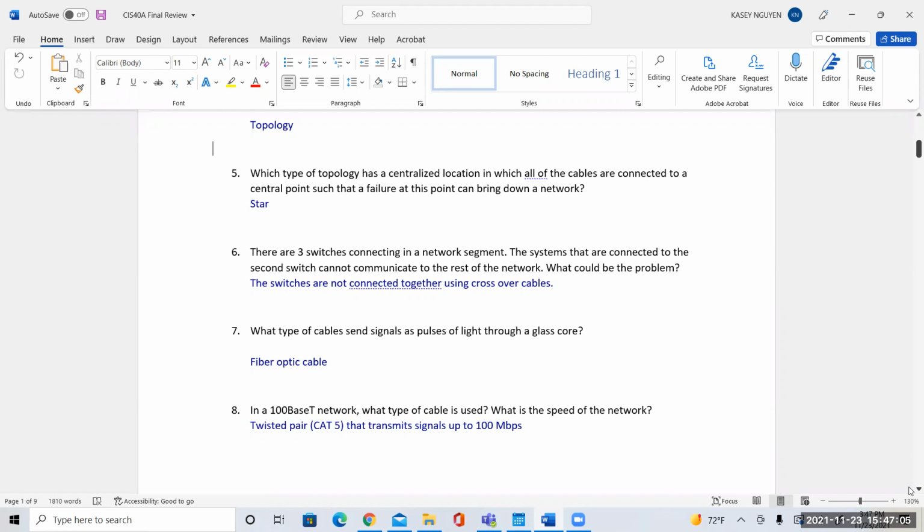The base T stands for twisted pair. So it would use copper twisted pair, and that will be your Cat5 to transmit signal up to 100 megabits per second. That won't be Cat5e, it's only going to be Cat5, because Cat5e and Cat6 are in the gigabit.